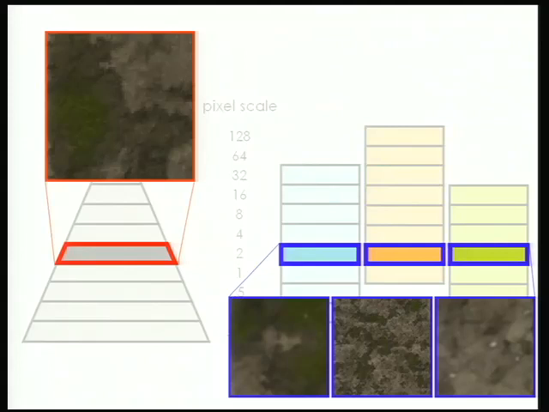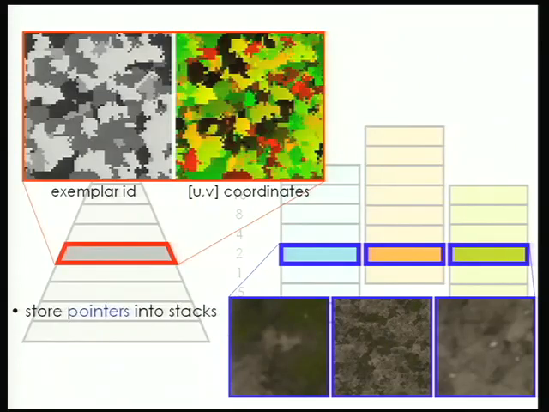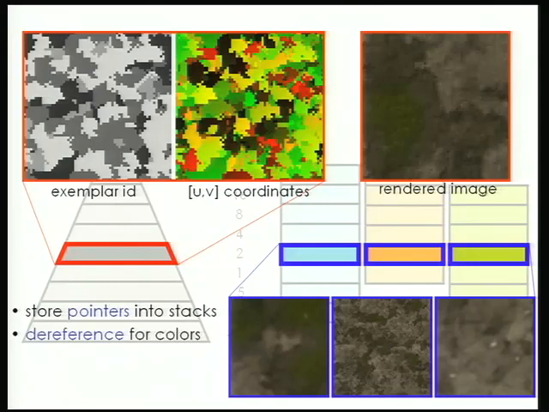Here, instead of storing the RGB colors in the synthesis pyramid, we'll actually be storing pointers into these Gaussian stack levels. Since we have multiple exemplars to consider, we have to do a little extra bookkeeping. In addition to just UV coordinates of texels, we also store an index that tells us which stack we're looking into. At any time, we can recover our rendered image simply by dereferencing, or looking up, these pointers.